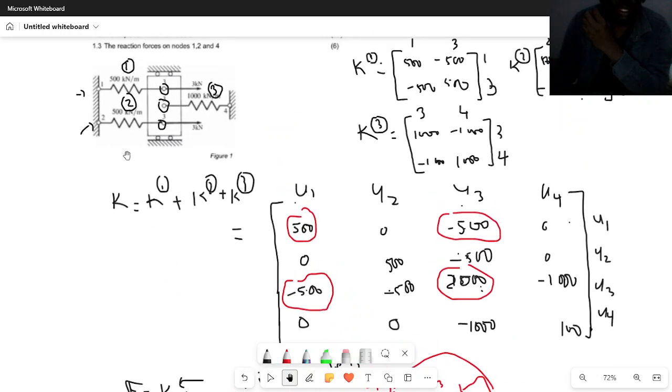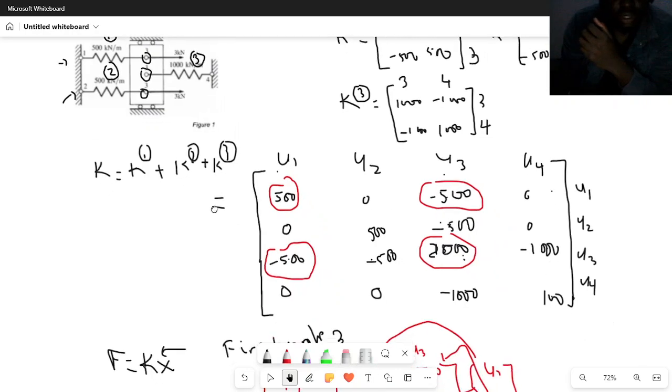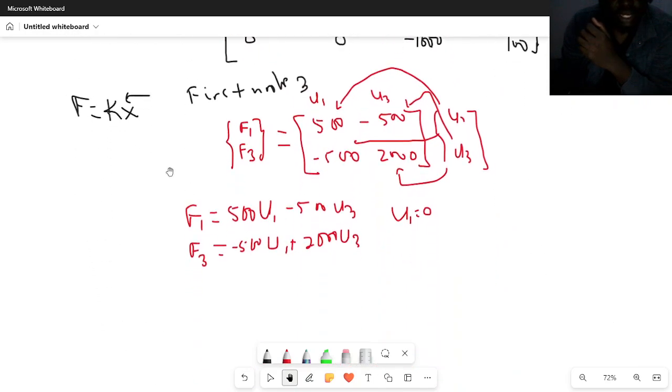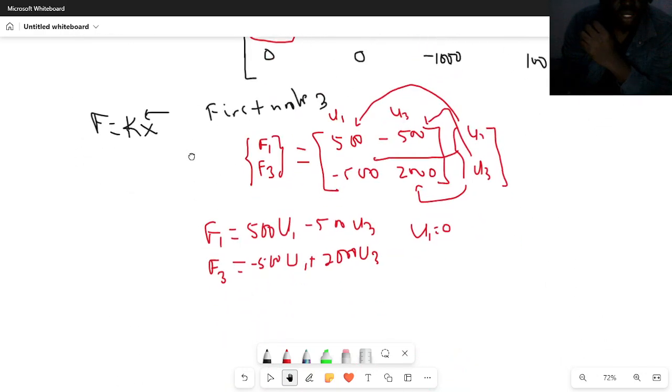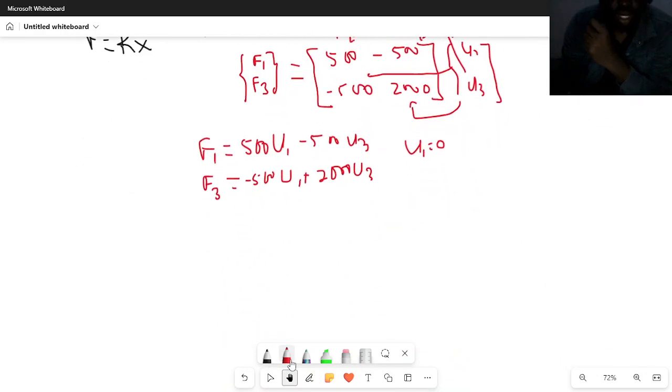Remember, what do we have as information? F3 is provided here under this case to be 3 kilonewton. You can keep it in newton or you can convert it, it's up to you, but let's convert.